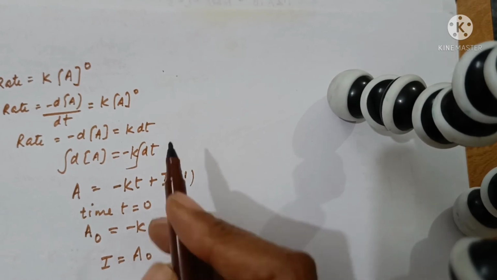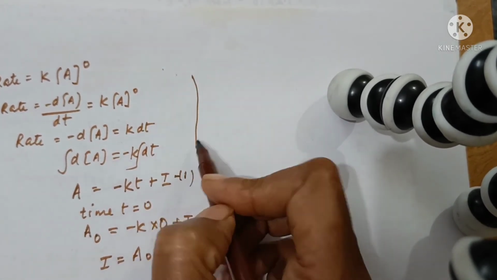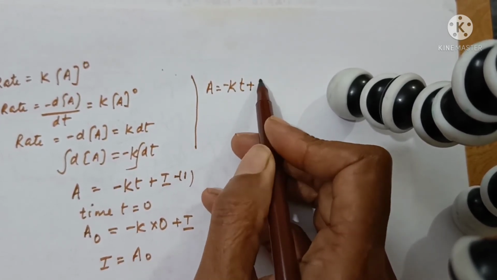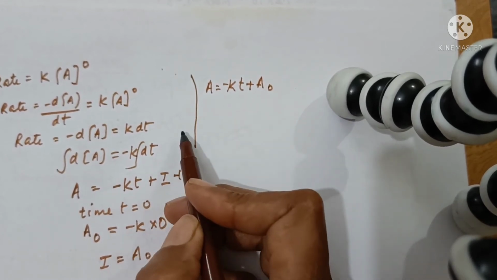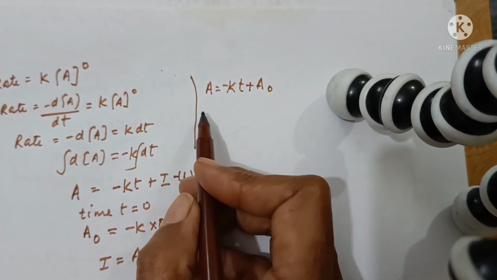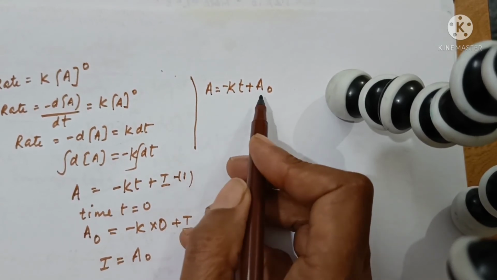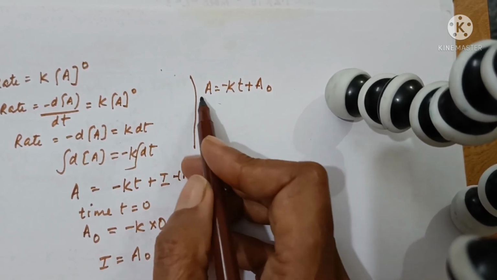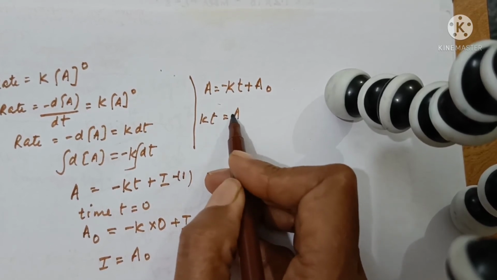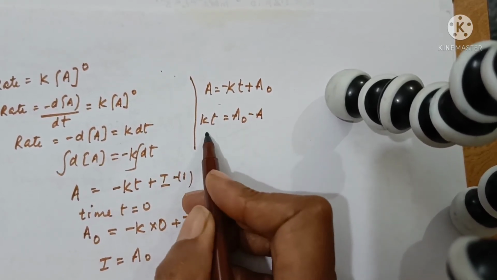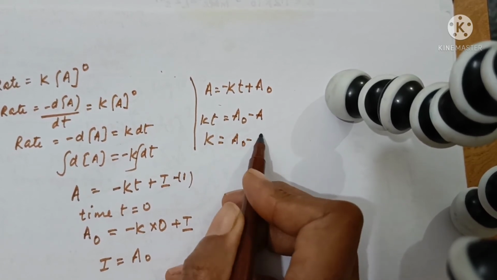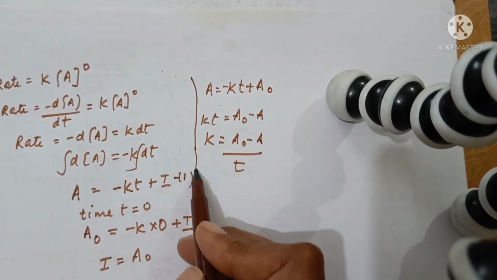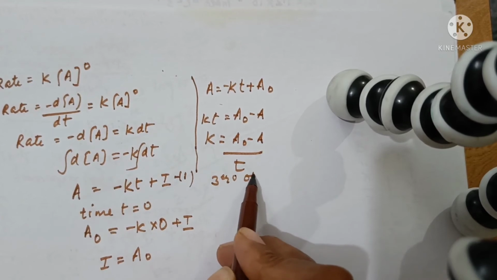What we get is A is equal to minus KT plus A naught, or taking A to one side and KT to the other side, we get KT is equal to A naught minus A, or K is equal to A naught minus A upon T. So this is the integrated rate equation for a zero order reaction.